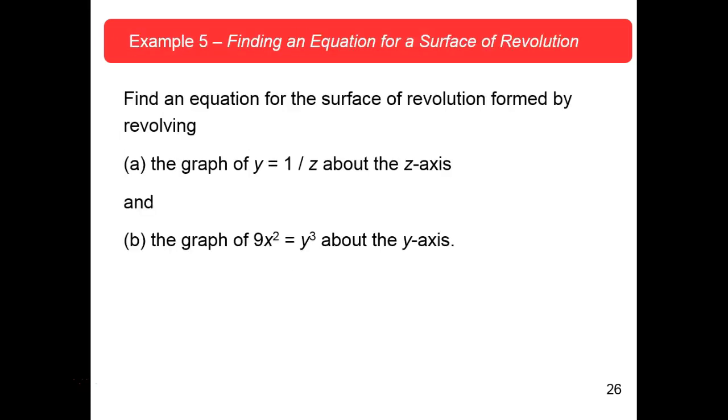Got it? All right, so here's example 5. Find an equation for the surface of revolution formed by revolving the graph of y is equal to 1 over z about the z-axis.